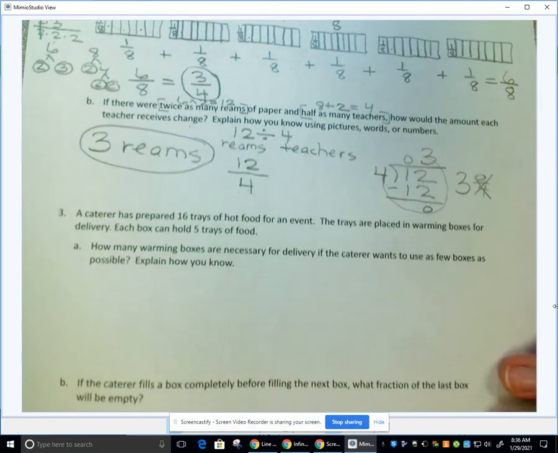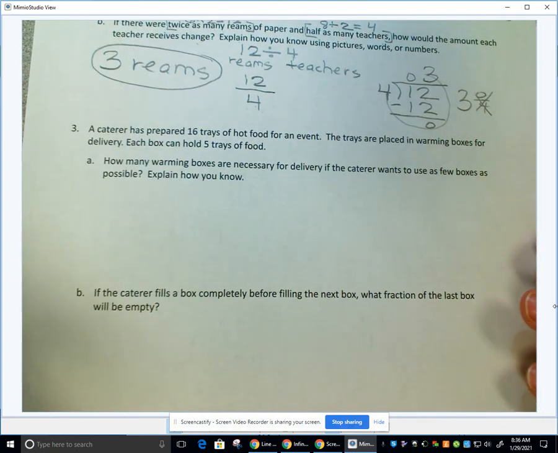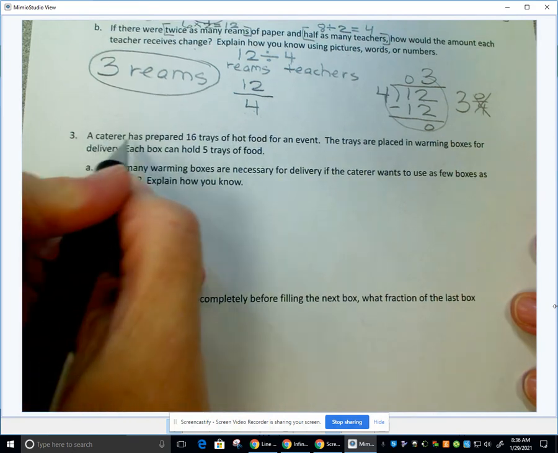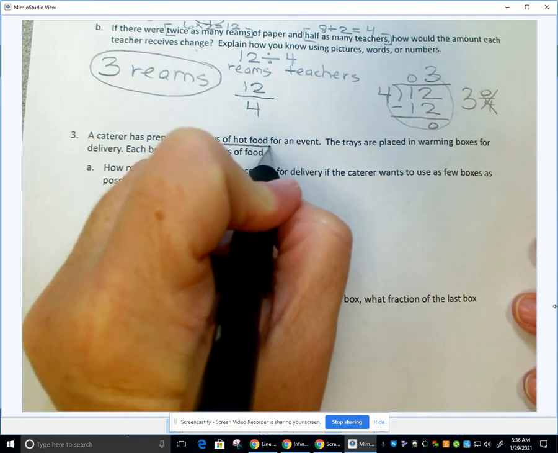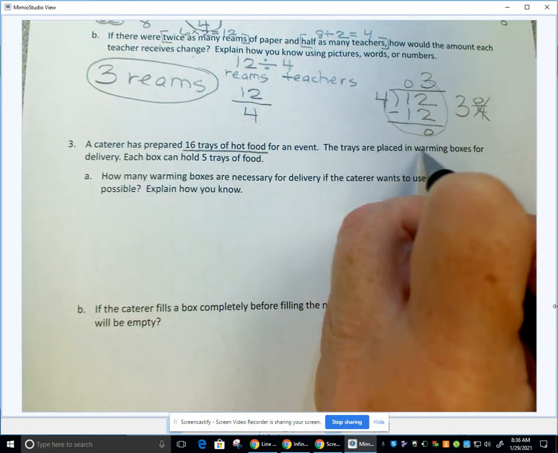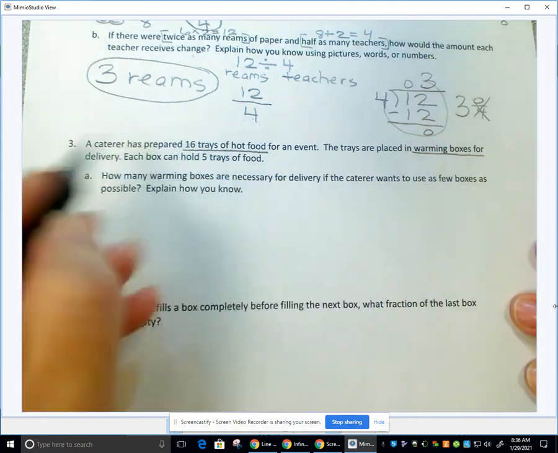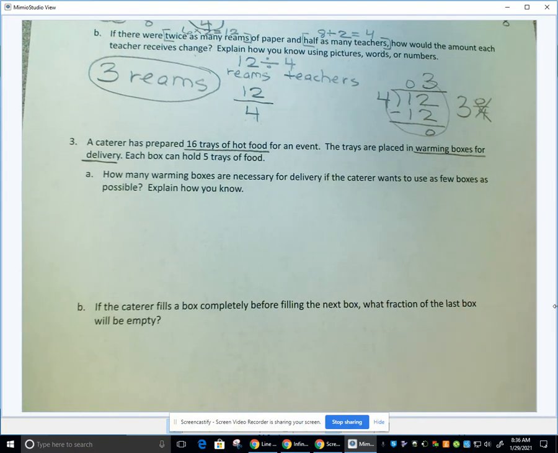All right, let's look at number 3, the caterer. It says a caterer has prepared 16 trays of hot food for an event. The trays are placed in warming boxes for delivery. They've got to put them in the van and keep them all in the boxes to keep them warm for whatever event they're taking them to.